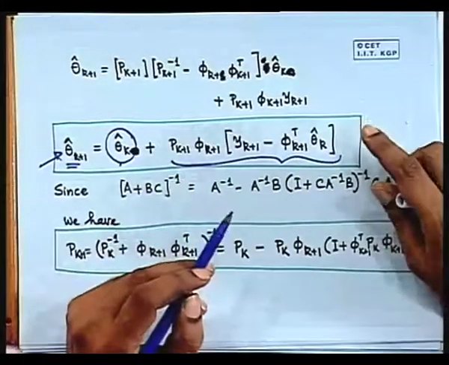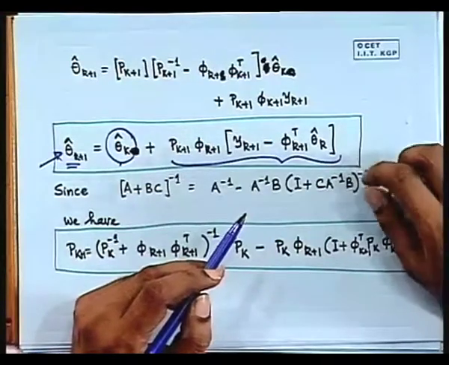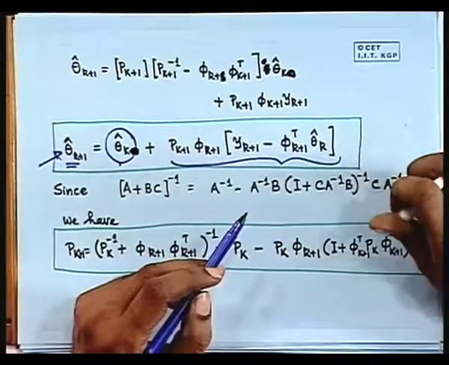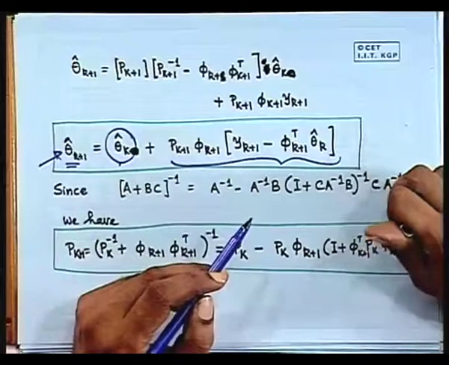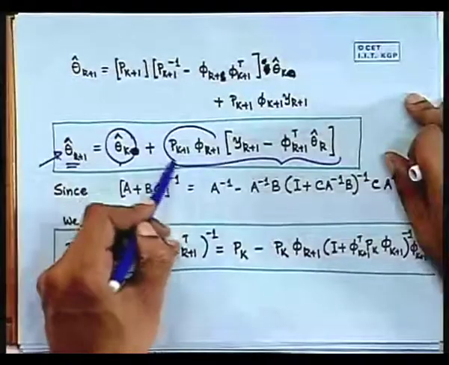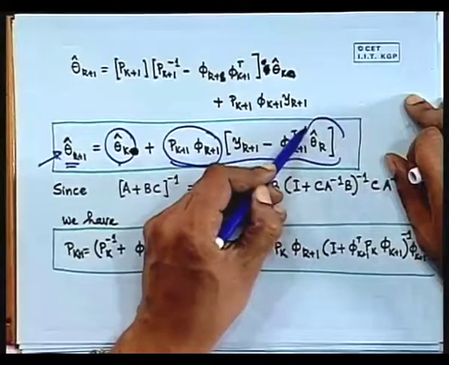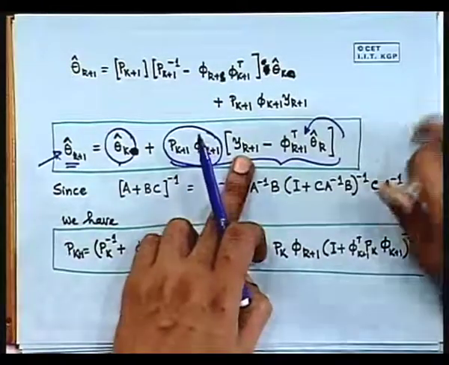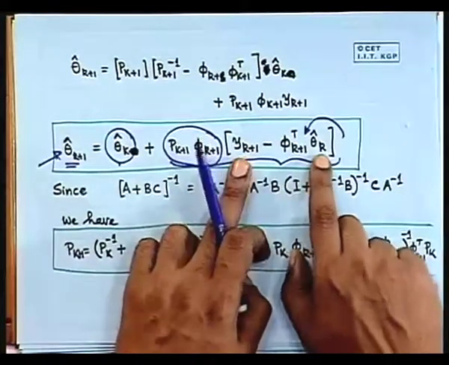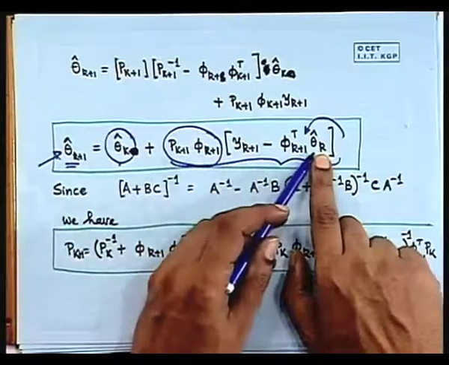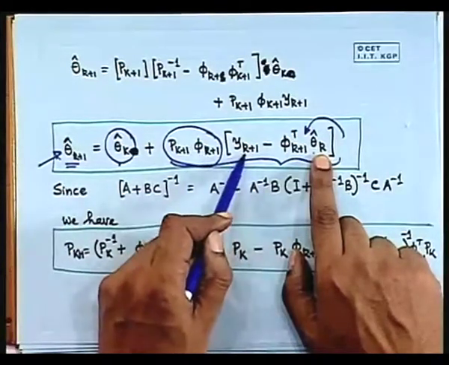So here is the old estimate plus a correction term. The same thing used to happen in the Kalman filter: x hat k given k is equal to x hat k given k minus 1 plus K_k times the same thing. So here also you have a gain vector and you have an error. This is the error. So the question is whether the old parameter can explain the new measurement.